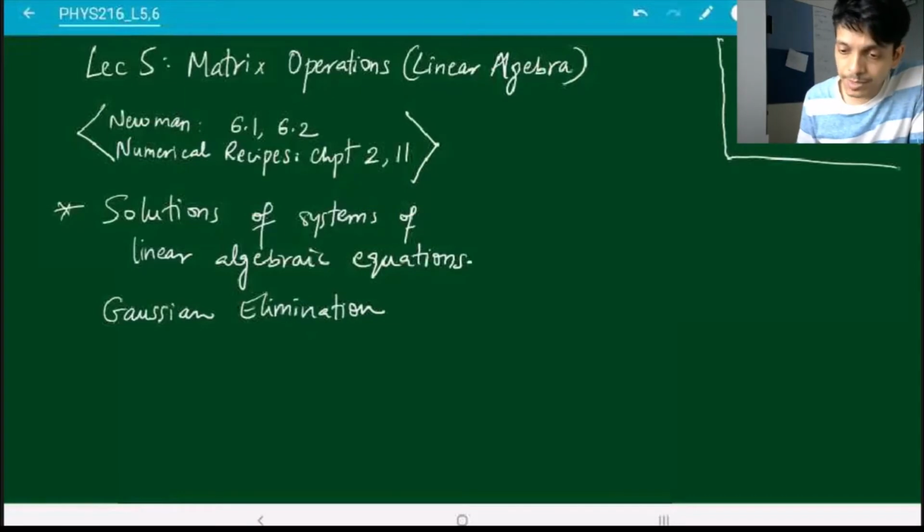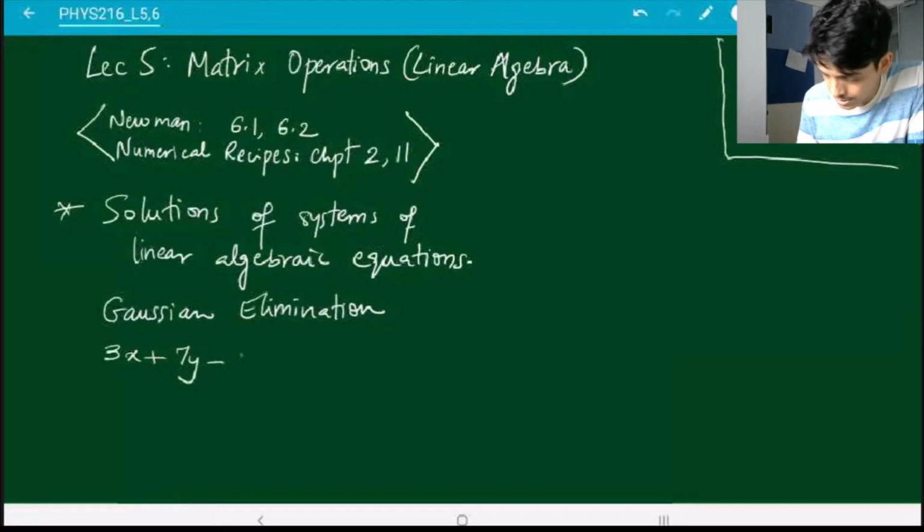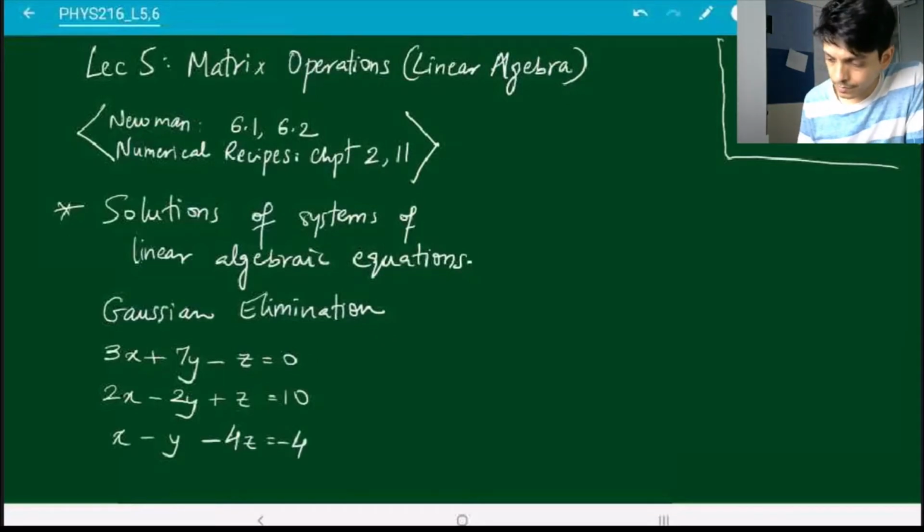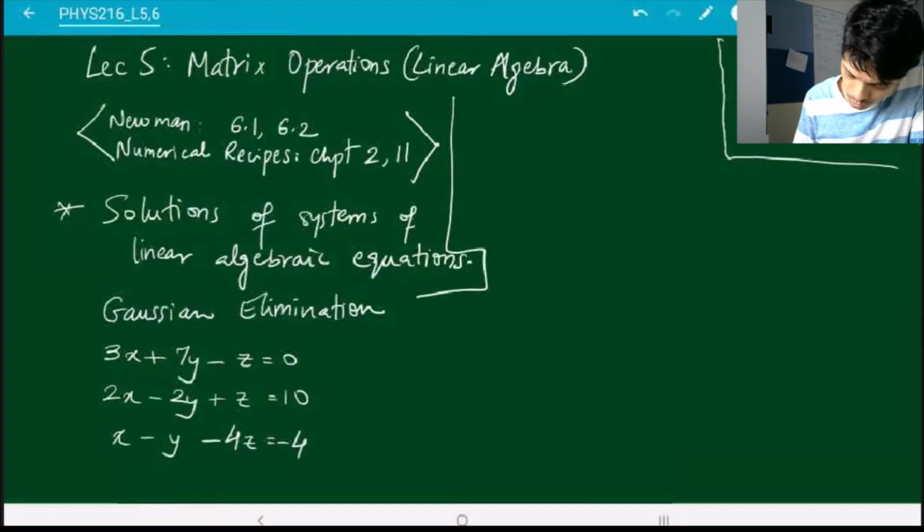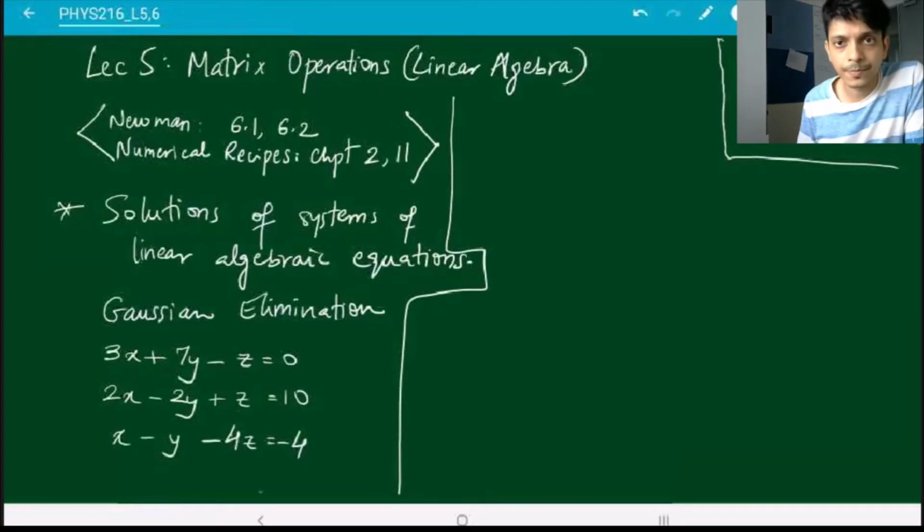Suppose I want to solve simultaneously three equations and three unknowns. And the three equations that I'm interested in are 3x plus 7y minus z equal to 0, 2x minus 2y plus z equals 10, and x minus y minus 4z equals minus 4. So what I can do is write these three equations in a combined form as one matrix equation.